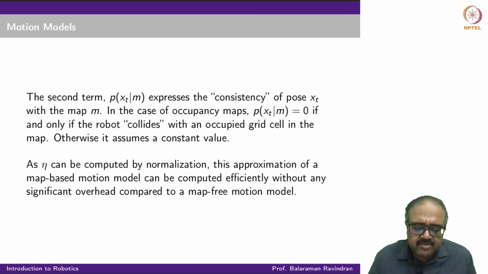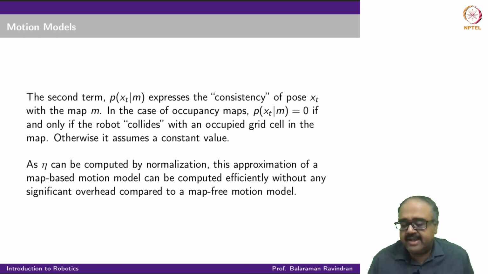The second term, sometimes you can also think of it as a consistency of the pose with respect to the map m. For example, in the case of occupancy map, the probability of xt given m is 0 if the robot collides with an occupied grid. Otherwise, we'll give it some small constant value depending on what the normalization factor is. Then this can become your probability estimate.